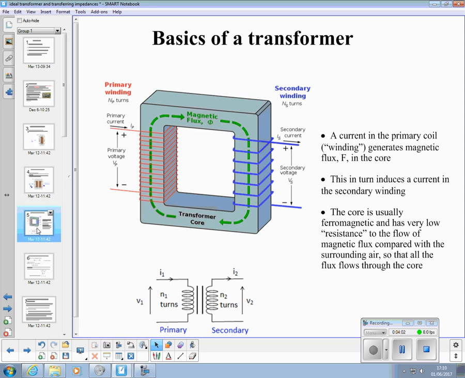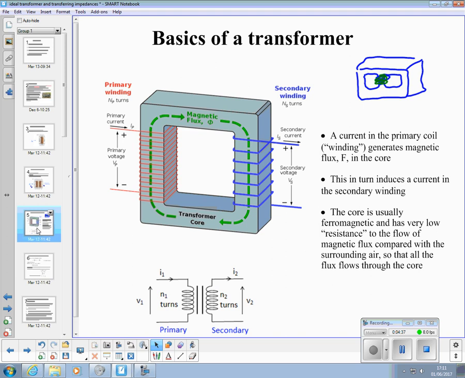In actual fact, what they would do is have this kind of shape in the most basic transformer, an iron core laminated together. The laminations prevent losses, because they prevent currents setting up around in the core. They're insulated from each other, and both windings, primary and secondary, go around there over the top of each other, again getting those two magnetic fields as close as possible together.